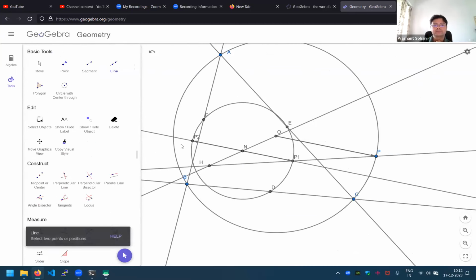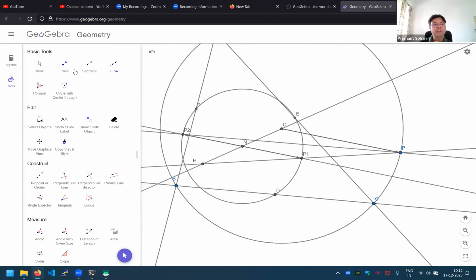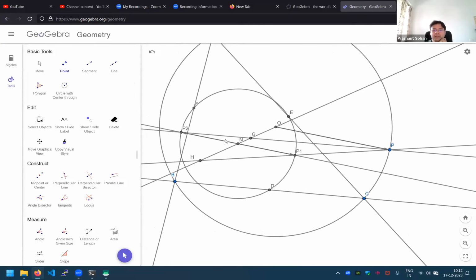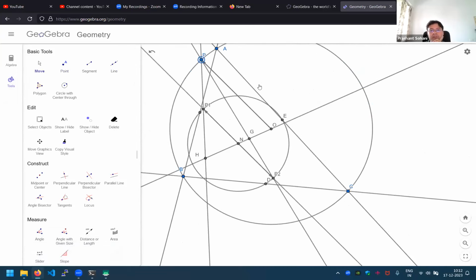Where P and P2 meet, yes, very good, I wanted the letter G and I got the letter G. So this point G is going to be the internal center of homothety. Again, it is not going to change even if I move the point P.